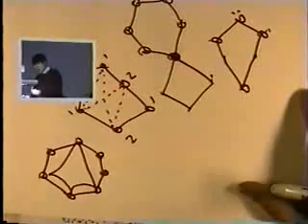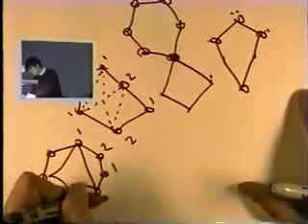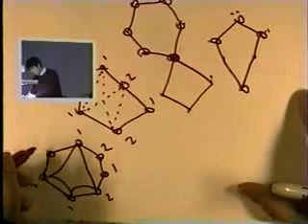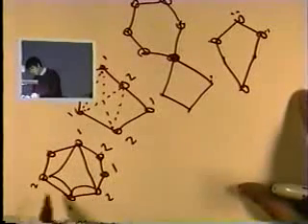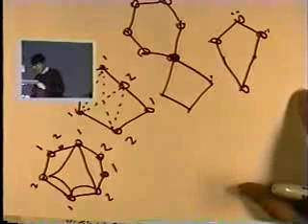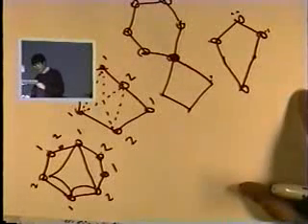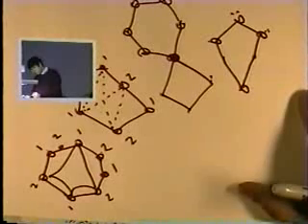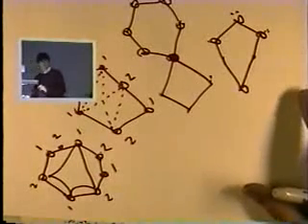Here I've numbered this one 1, 2, 1, 2, 1, 2, 1, 2. Here I've got an edge from 1 to 2. Again, here there's no odd cycle.